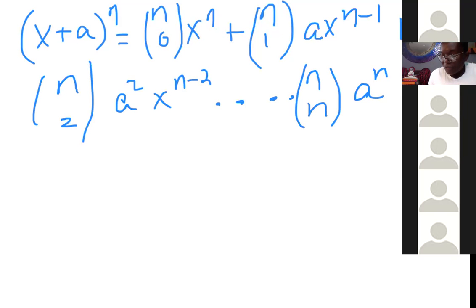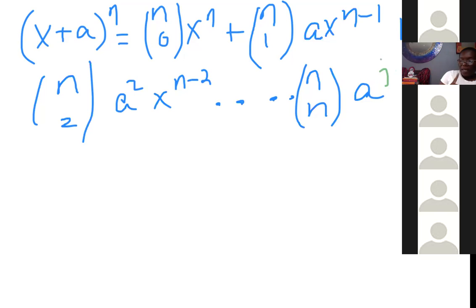When we do these binomial expansions, it's tedious, but it's not difficult. You can do this. I put an n here. That should have been a j, all right?